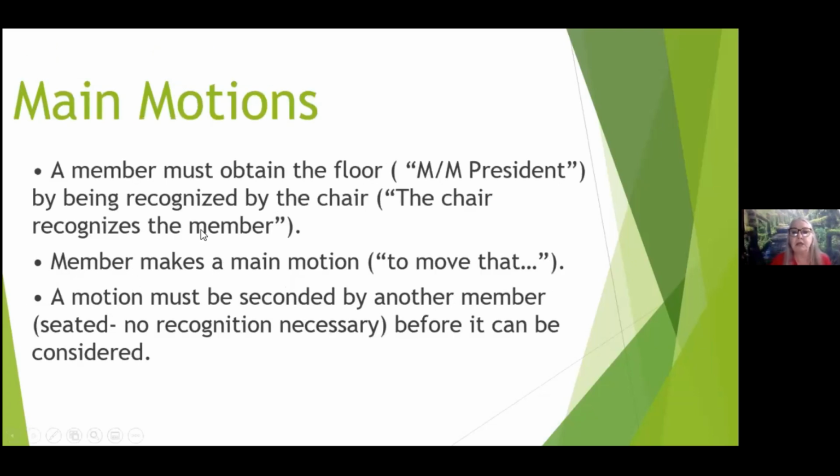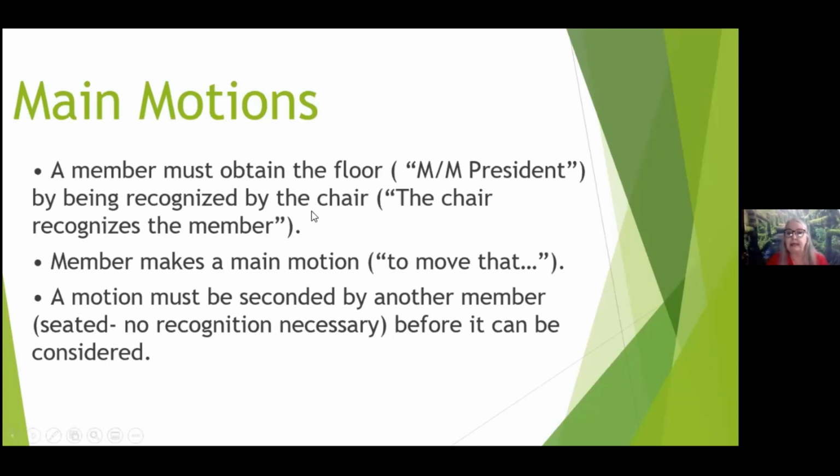For a main motion, you obtain the floor. If we're running absolutely by Robert, it would be Madam or Mr. President. When they're recognized by the chair, they would say that, and then the chair recognizes member Tricia. The member then makes that motion. I move that.